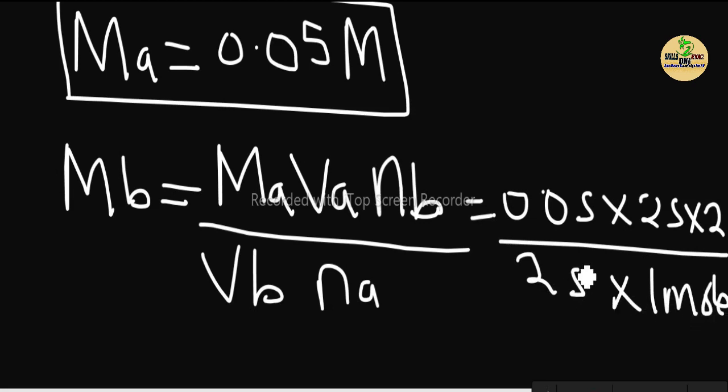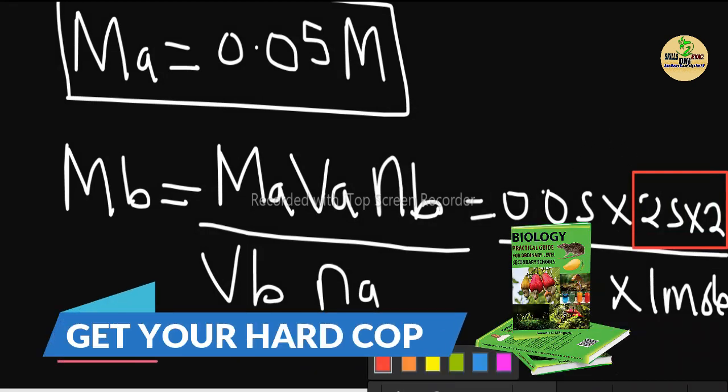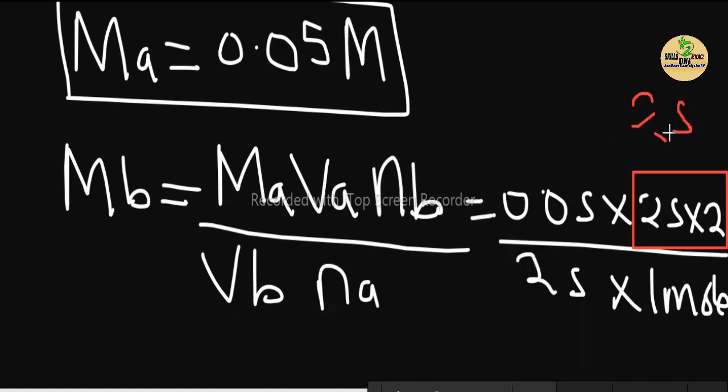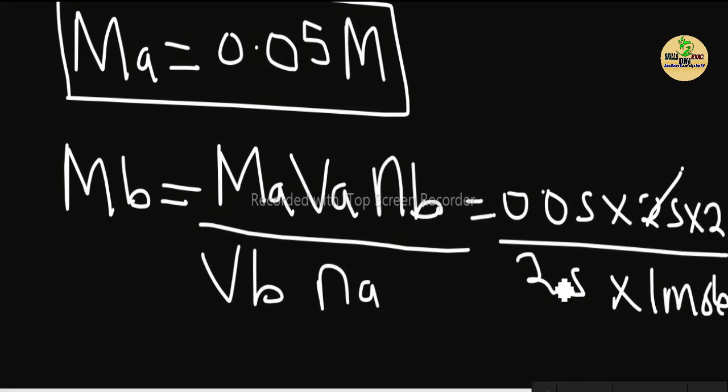So when you take this one is equal to 25. So this one will cancel with this one.